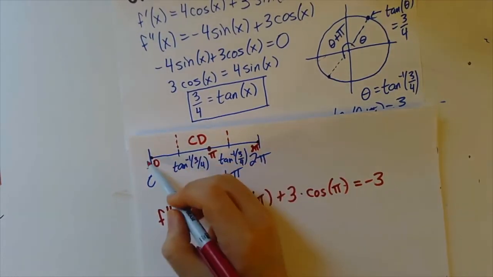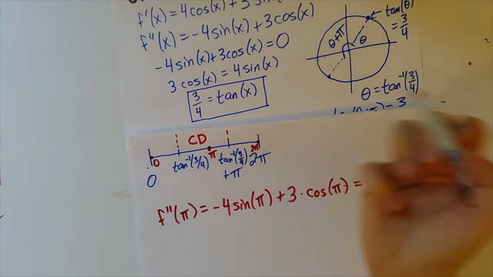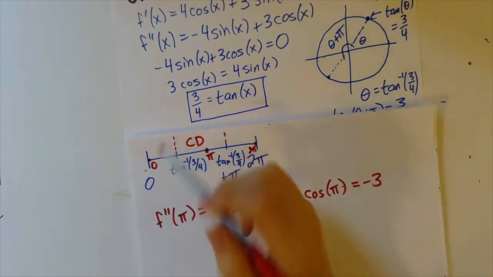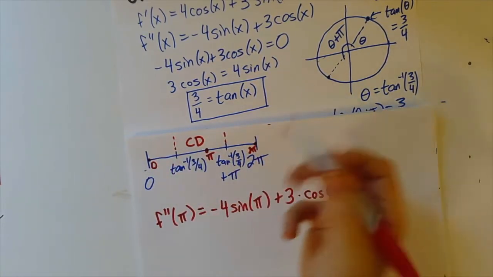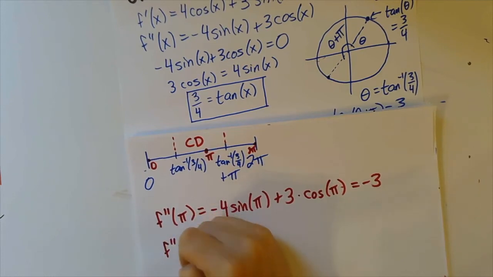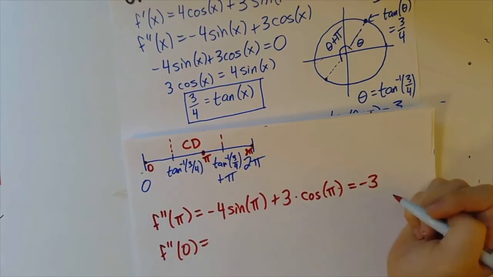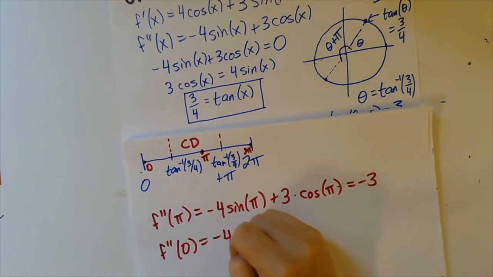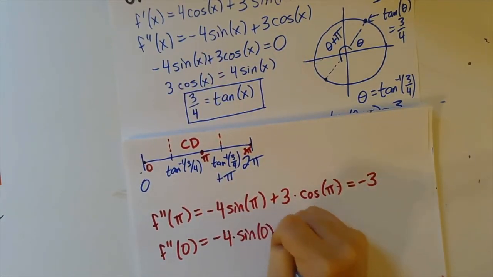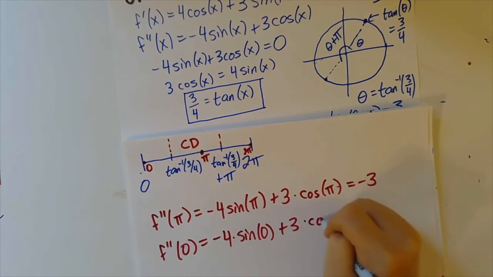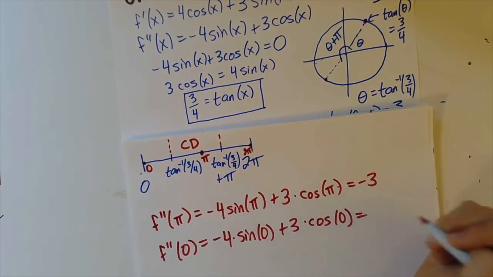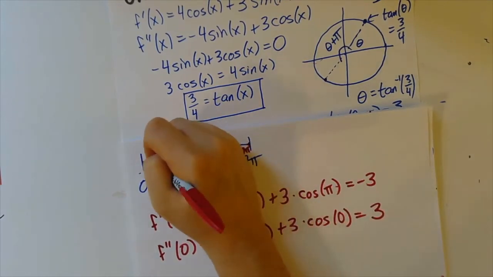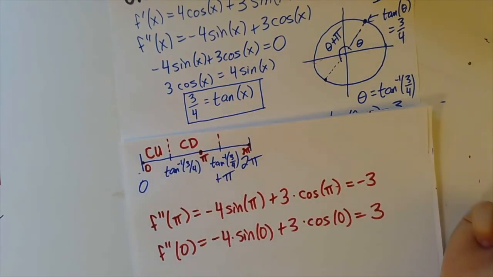I'd have to pick something between these two points, but I don't have to, because actually at 0, the second derivative is not 0, so it's going to tell me what's happening there. Okay, and so the second derivative at 0 is going to be minus 4 times sine of 0 plus 3 times cosine of 0. And that is going to be plus 3. That's positive, so my function's concave up there.